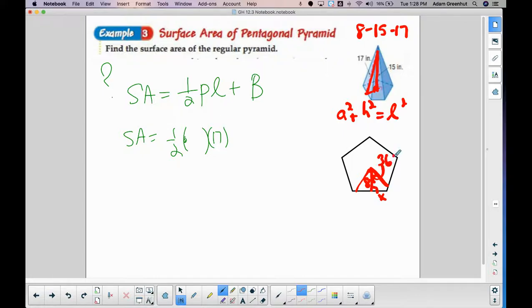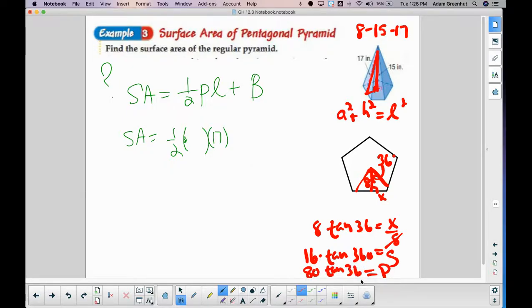Cut that in half, and I get a 36-degree angle there. And to find my half side, I would do tan of 36 equals opposite over adjacent. My half side is 8 tan 36, which makes 16 tan 36 my full side, which makes the perimeter 5 times that, or 80 tan 36.